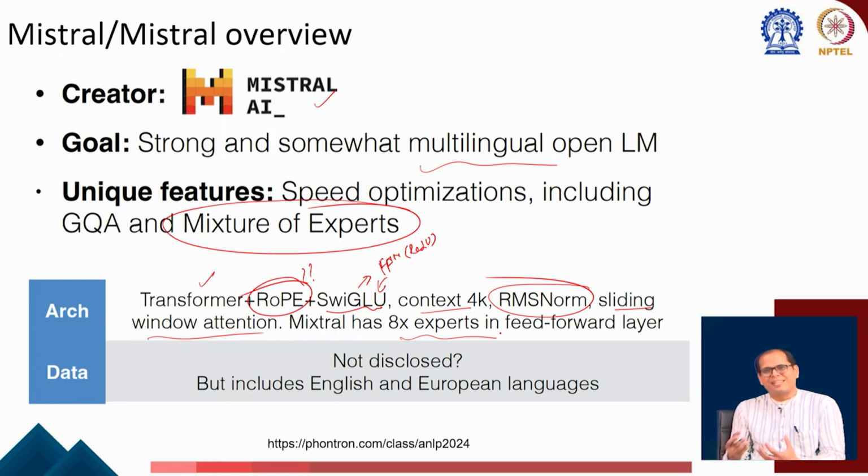It is not exactly the same as what we have studied in week 5, but the positional embedding has changed, the FFN has changed, mixture of experts has come in, the layer norm has been replaced by RMS norm. So, you see a lot of changes have been happening over the years, but the base architecture is still transformers with a lot of changes. And you can talk about the data, like here it includes more English and European languages.